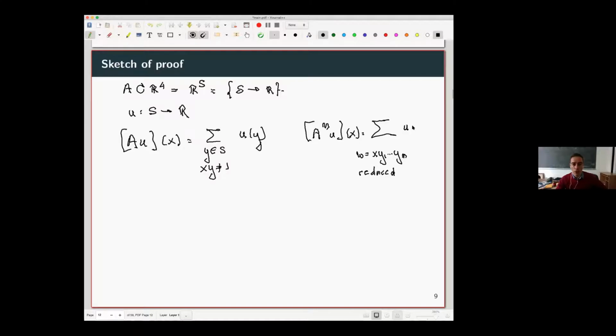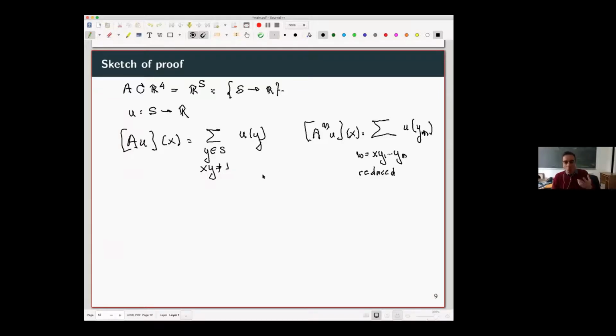And now you sum u of yn, the last letter of your words. I hope I'm not mistaken. I checked the computation yesterday. I think it's correct. So that's another way to rewrite this operator.